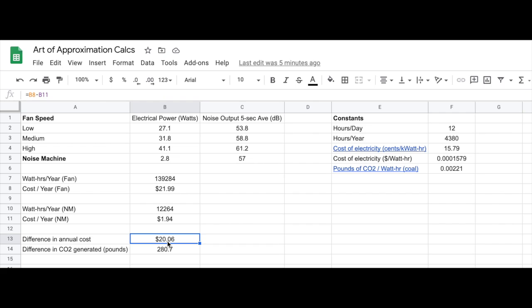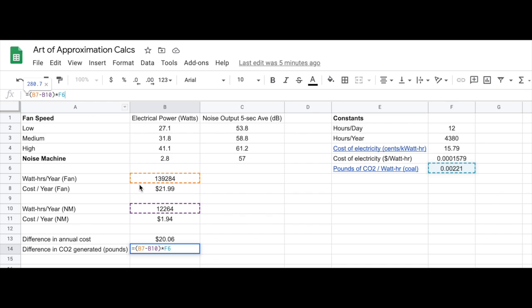The difference in annual cost, so you basically take the difference between these numbers and you get about $20. So it costs $20 more to run the fan as compared to the noise machine itself, the little speaker. You might also want to calculate the CO2 generated, the difference. So you might say, hey, this product has this amount of CO2 generated or environmental impact, and this other product or architecture has a different environmental impact.